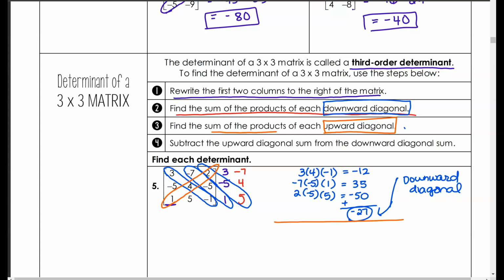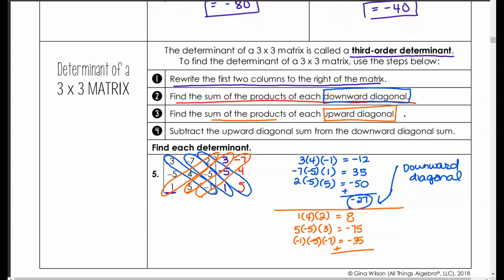So 1 times 4 times 2 gives me 8. 5 times negative 5 times 3, multiply that out, and we get negative 75. And lastly, I have negative 1 times negative 5 times 7, and this is going to equal negative 35.